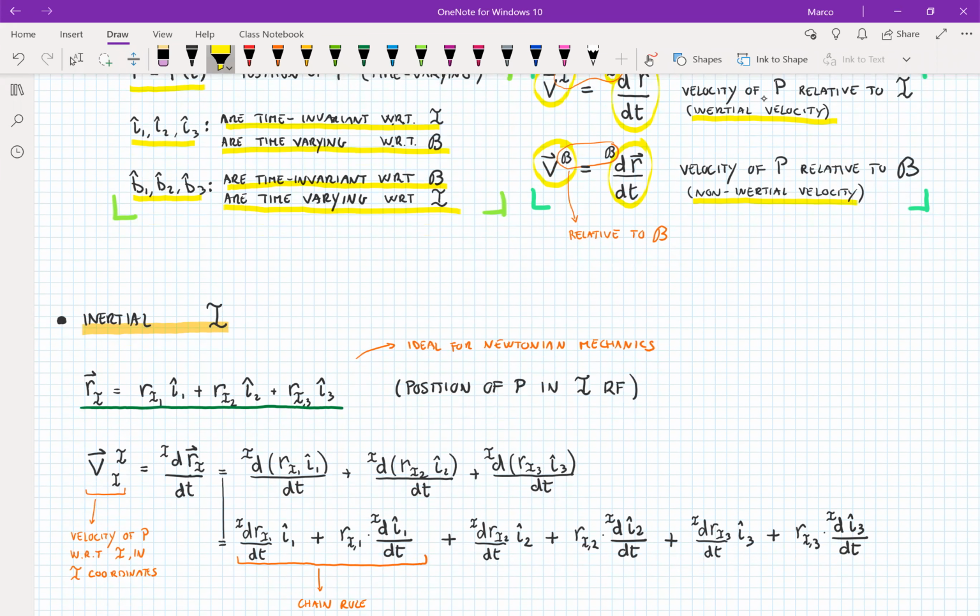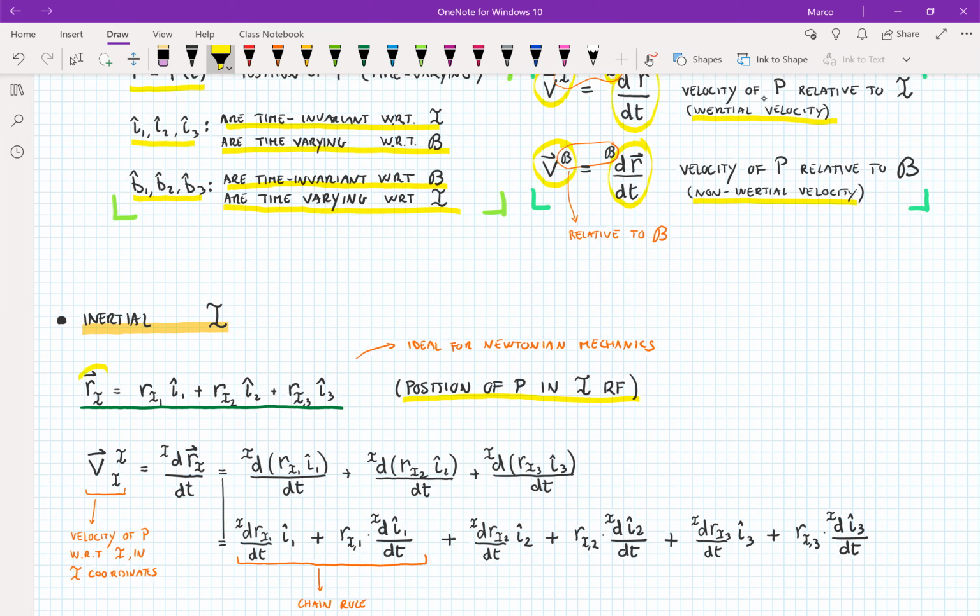All right, so let's take a look at things from the inertial reference frame perspective. First of all, let's write down the position vector. The position of P in the reference frame I, and we use the I coordinates, so we use coordinates in the inertial frame of reference.